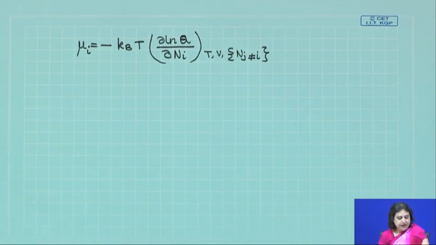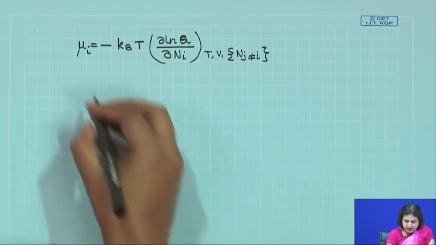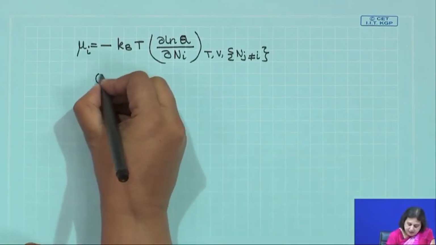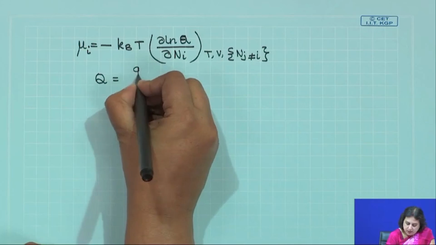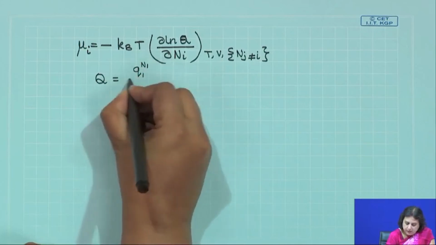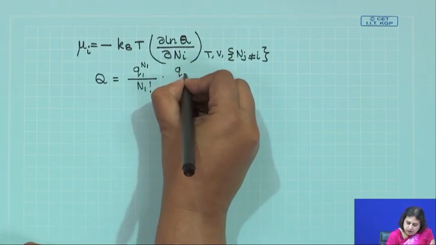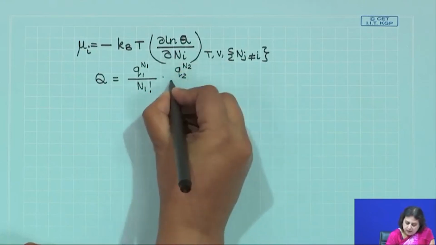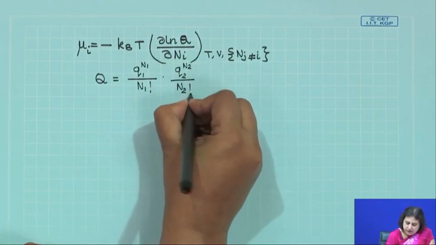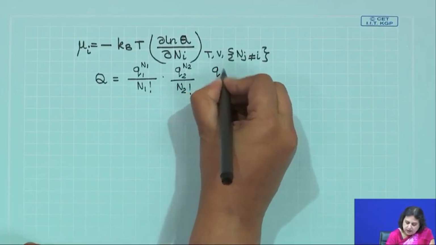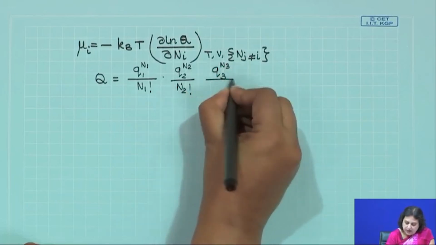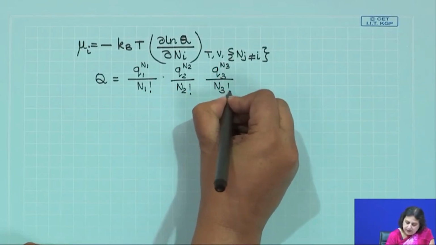Now, I have been able to show that for this particular system, my capital Q is nothing but Q1 to the power of N1 divided by N1 factorial into Q2 to the power of N2 divided by N2 factorial into Q3 to the power of N3 divided by N3 factorial.